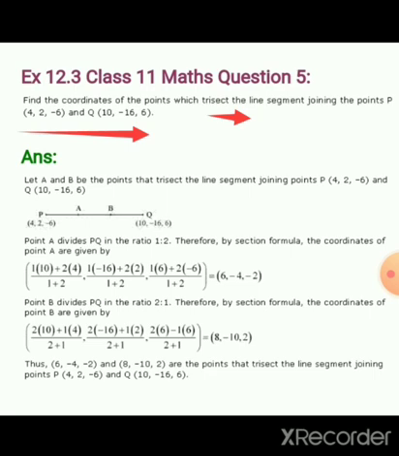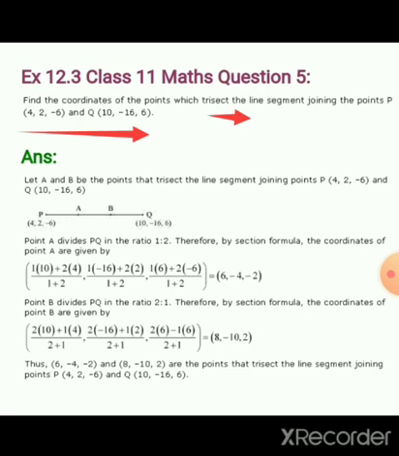For that, let A and B be the points that trisect the line segment joining the points P(4, 2, -6) and Q(10, -16, 6). So consider these two points, A and B are any two points. Let A divide PQ in the ratio 1:2. Therefore, by the section formula, you will get the coordinates of the point.